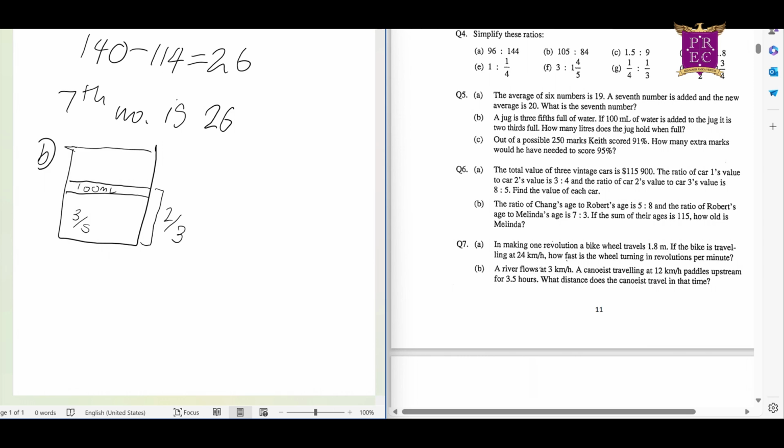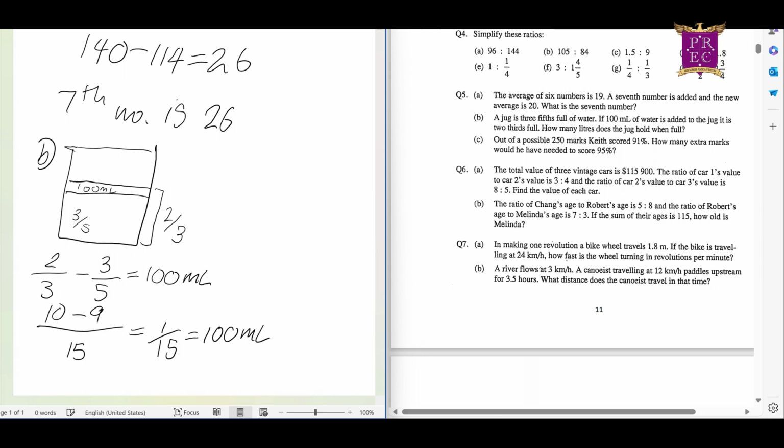Alrighty. Now they're asking us how many liters does the jug hold when it's full. We know that this 100 milliliters is 2/3 take away 3/5. So we can do 2/3 take away 3/5 is equal to 100 milliliters. Let's do the fraction. The common denominator is 15, 5 times 2 is 10, 3 times 3 is 9. So we're left with 1 on 15 is equal to 100 milliliters.